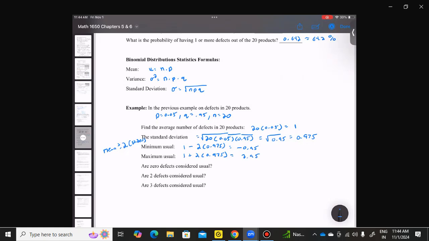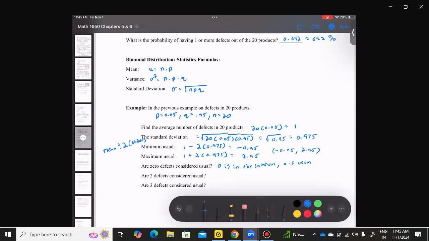Right, so if we're looking at whether 0 defects is considered usual, because we're negative, 0 is actually within the interval. So 0 is usual. Interval being from negative 0.95 to 2.95.